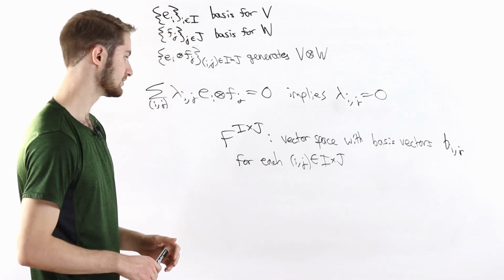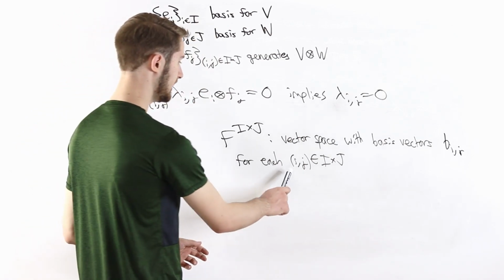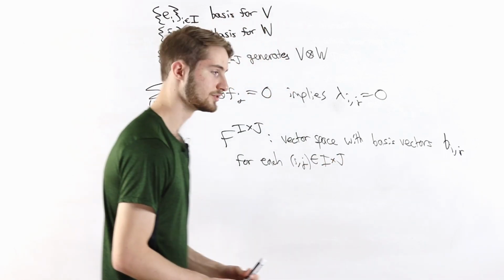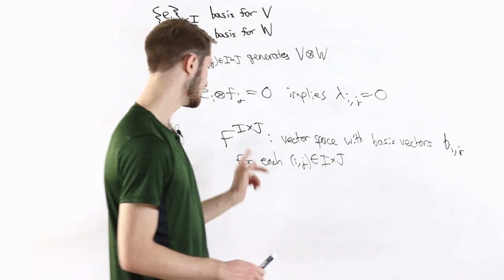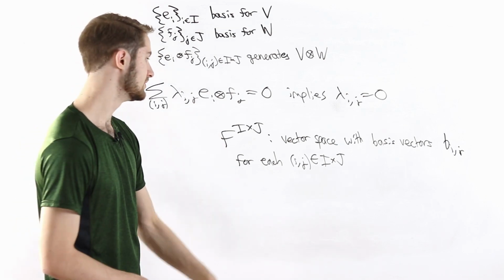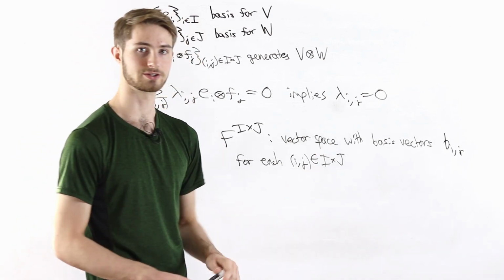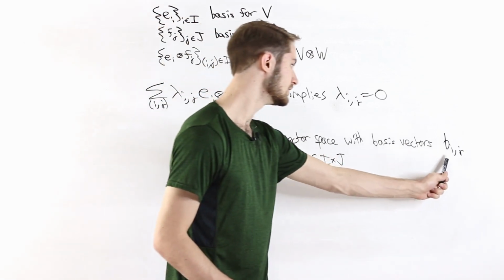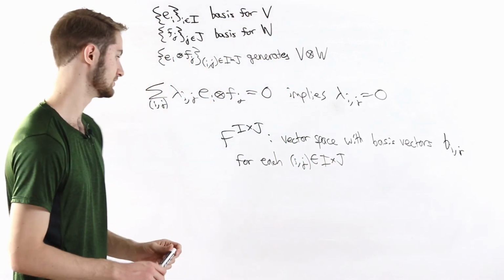So in this vector space, for each pair (i, j), we have a basis vector. So the number of basis vectors in the vector space is equal to the number of elements in this Cartesian product I cross J, and each basis vector just corresponds to one of these pairs (i, j).